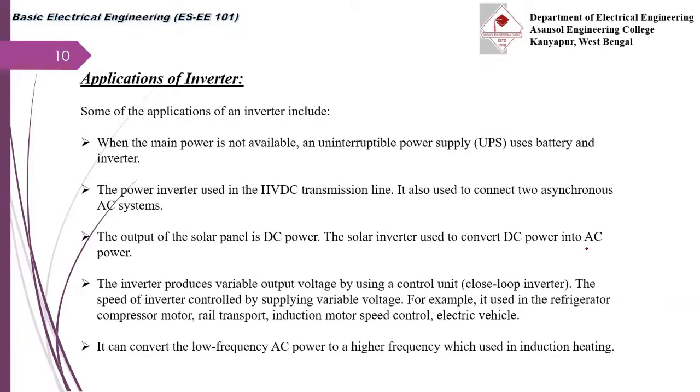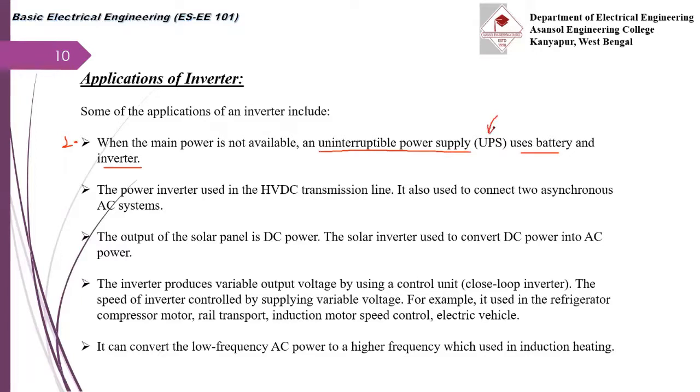Now the last one is the application of the inverter. That means in which cases we can install an inverter. Some applications of the inverter include: number one, when the main power is not available, an uninterruptible power supply uses the battery and inverter. Uninterruptible power supply means UPS.